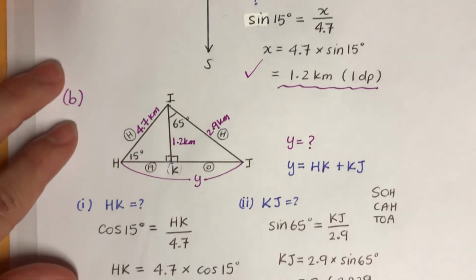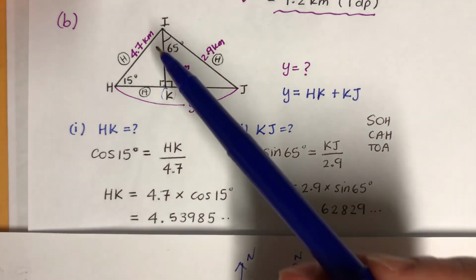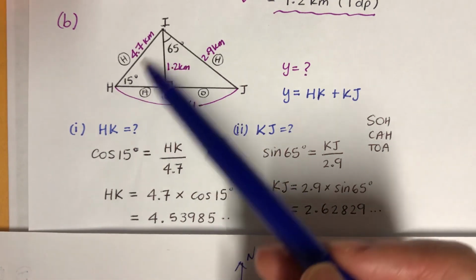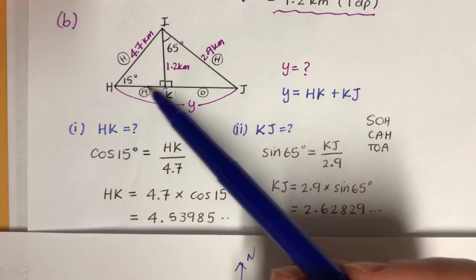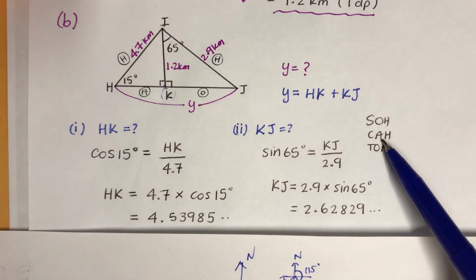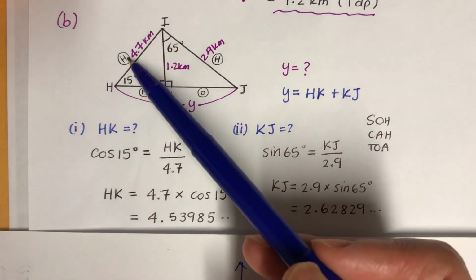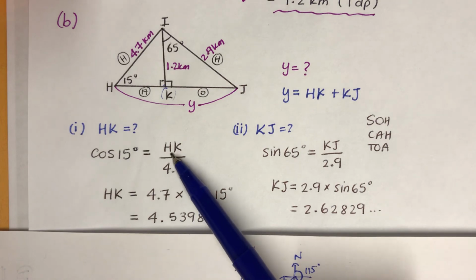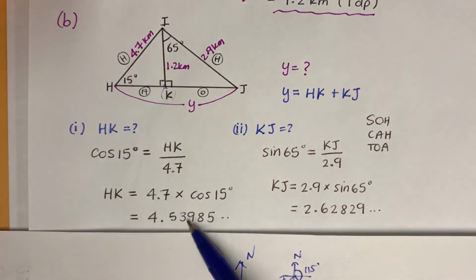So let's find HK first. So I'm going to find this one, using this triangle. So it'll be cos, wouldn't it? Because in SOHCAHTOA cos would be A and H there, so A over H, which is A is the HK over 4.7, and cos 15, you will get that.